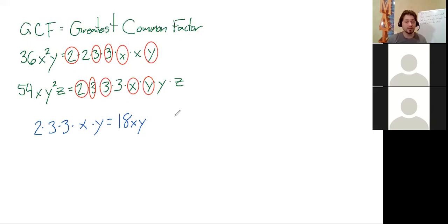And really, that's all that you guys are going to have to do for this section. This section is a lot of review, understanding, and remembering how to do GCF. This is the first step moving into factoring as far as polynomials.